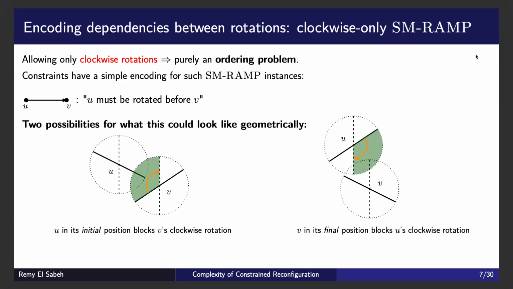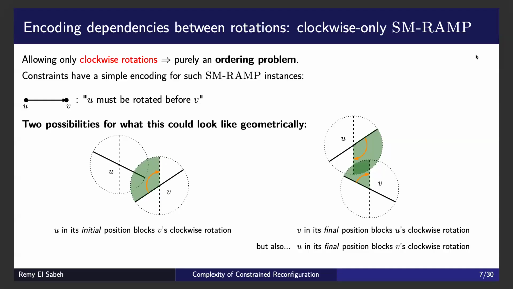So in that case, we would need to rotate U before V as well. And again, that would be represented by this same arc that is at the top. So what's interesting about this other example is we also have a blocking that's symmetrical. In other words, U being vertical will block V's clockwise rotation as well.